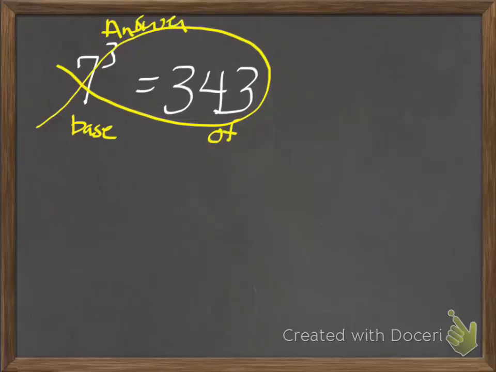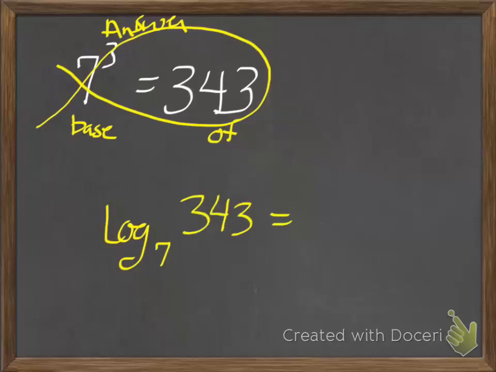And so log base 7, and the base is a subscript. That's where it's written on your blue line when you're writing on notebook paper. It kind of goes with your tail. Of the 343 equals 3.